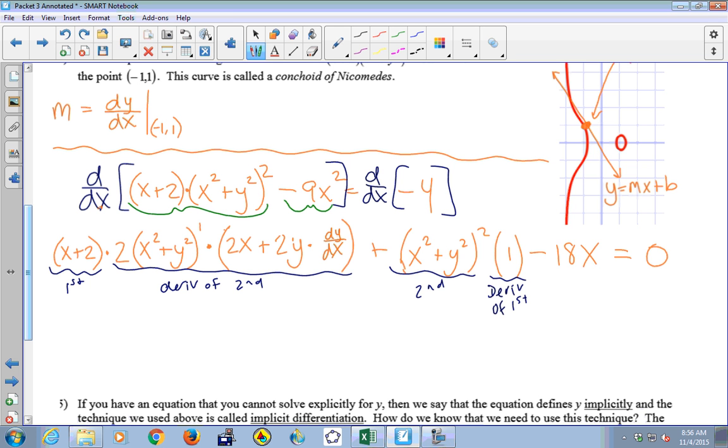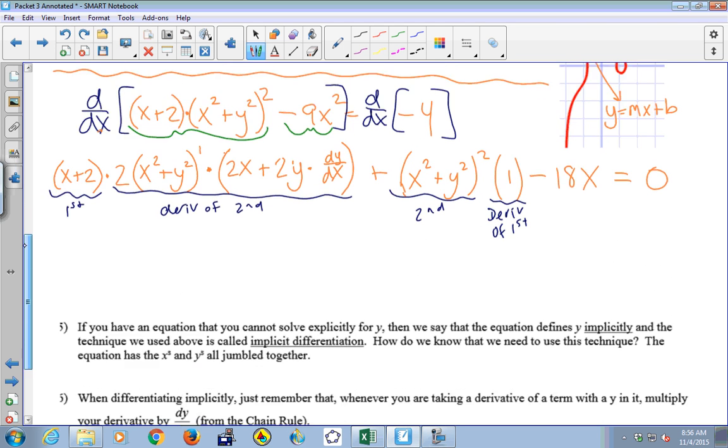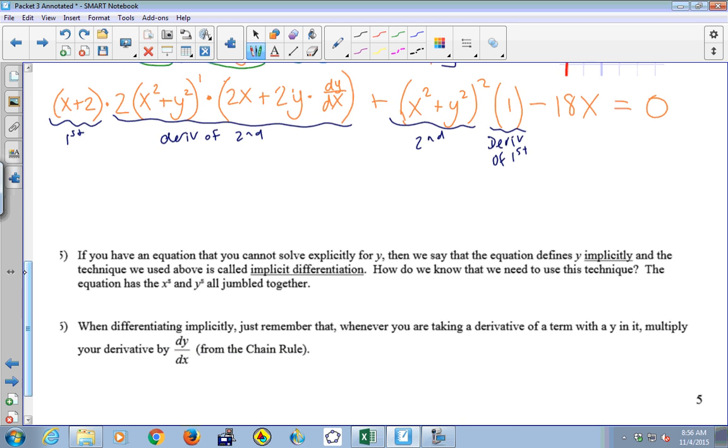But because I'm only interested in the derivative at one particular place, -1, 1, I could plug the point in now before I start any manipulation. Then I'm just going to have an equation with numbers in it and one unknown, dy dx. So everywhere you see an x, we replace it with a -1, replace all the y's with 1s, and solve for dy dx. You have to know both coordinates at the point. I can't just tell you x.